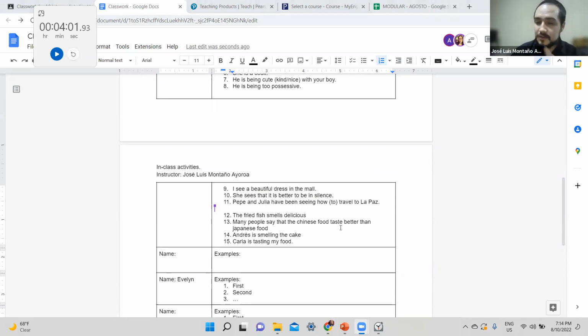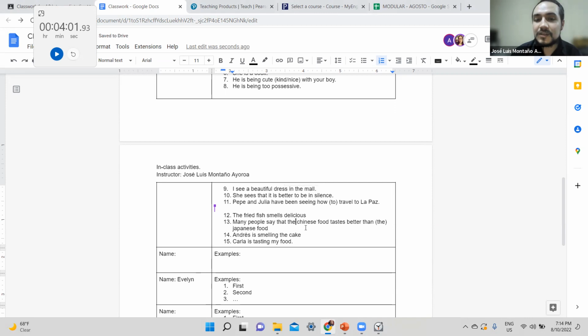I think it's also great, all right? Only observations in number 13 for some details. Remember, the Chinese food is like one, all right? So here it's going to be like tastes, all right? Because it's third person. And if you say the Chinese food, then you don't only say then Japanese food, you're going to use the same terminology, all right? And you're going to say then the Japanese food.